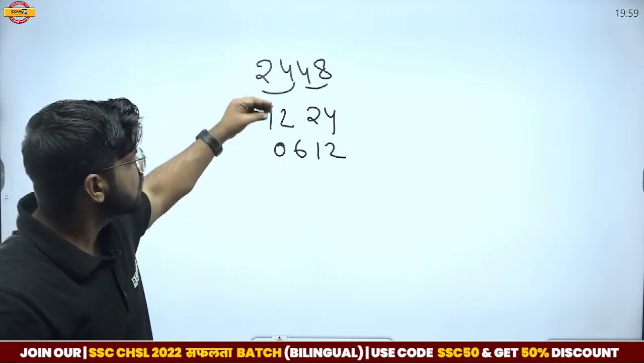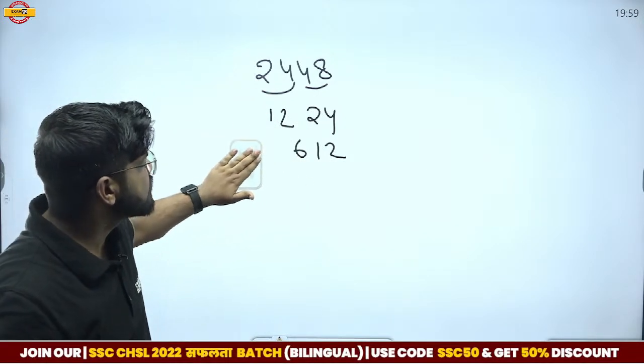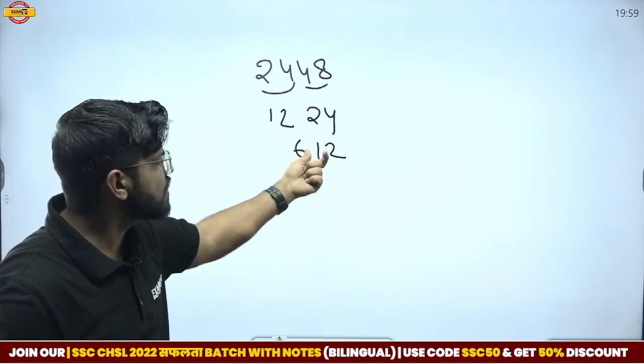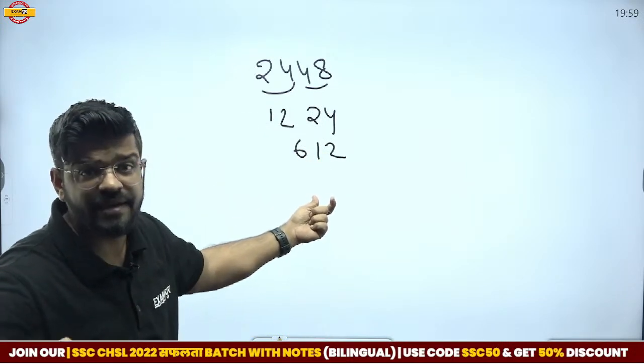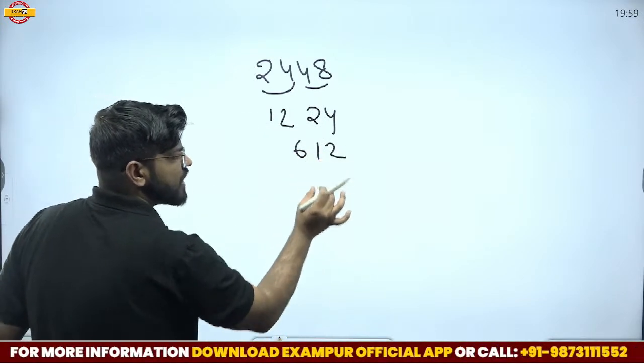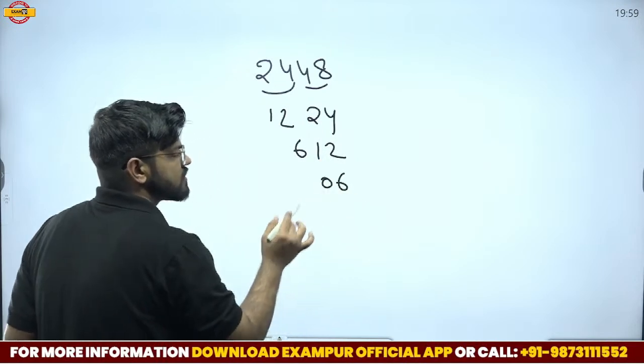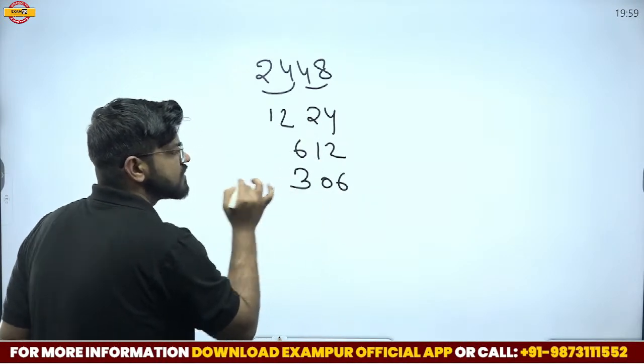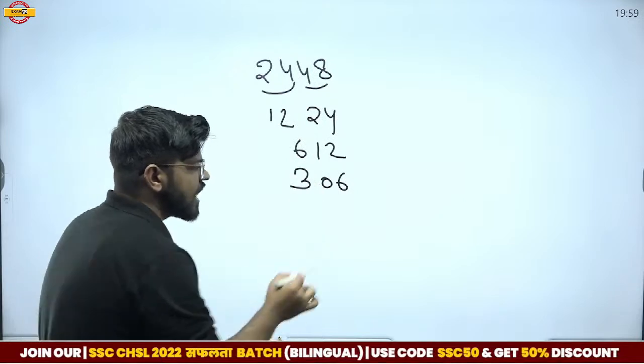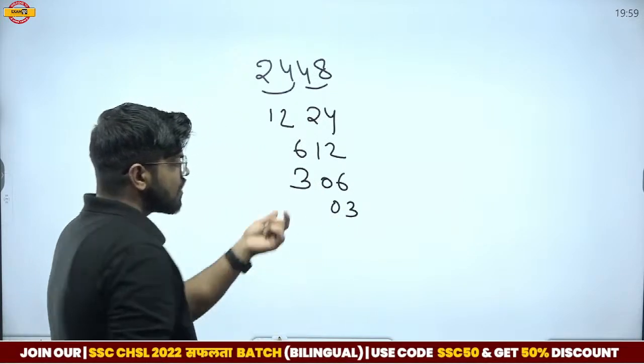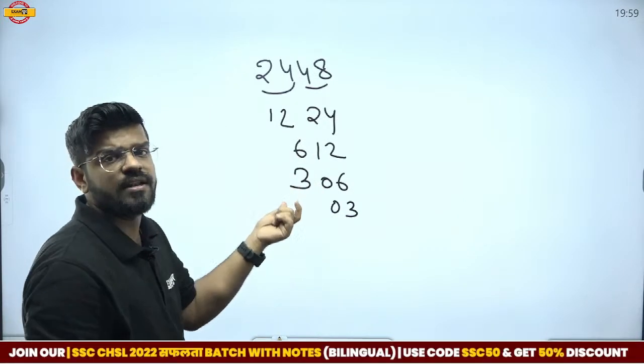We cannot write this directly as 6; for this we have to write 06. Now half of 06 is 03.